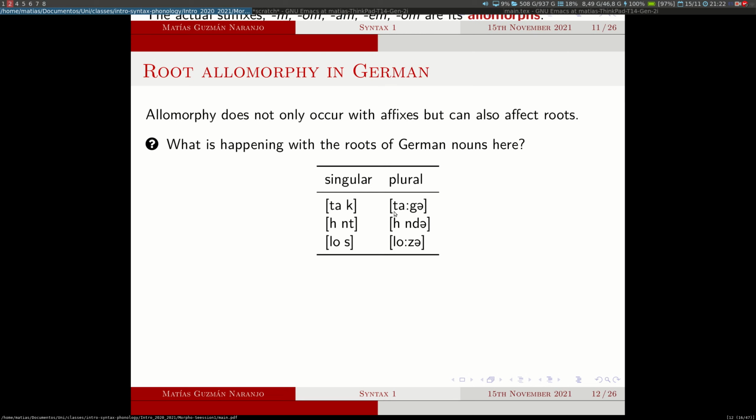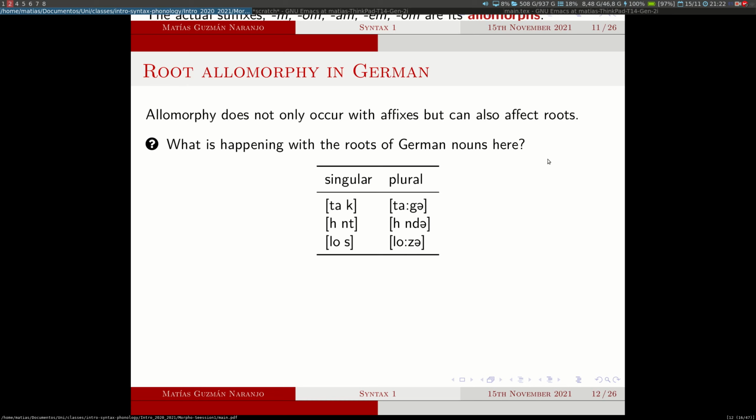Here the same with plural in nouns, from tag to tage, and I lost the vowels. I'm sorry for this. Here's Hund, Hunde, and I have no idea what's here.